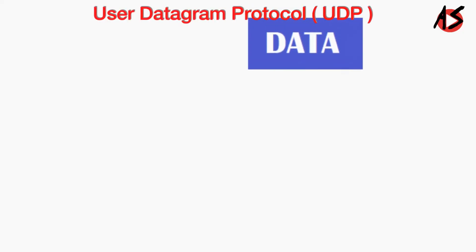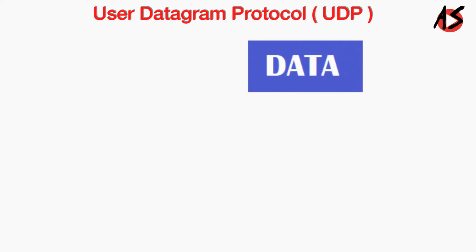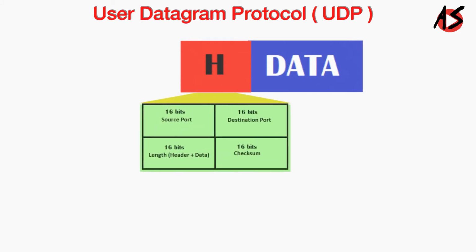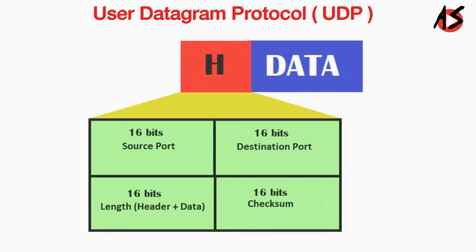When data comes from the application layer to the transport layer, UDP adds the 8 bytes header. If we look inside the header, the first 16 bits are the source port number. This is the port number used by the process running on the source host.